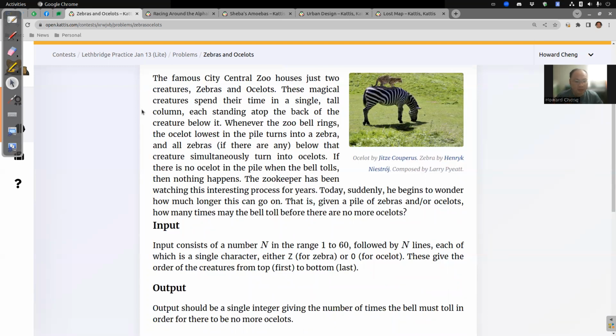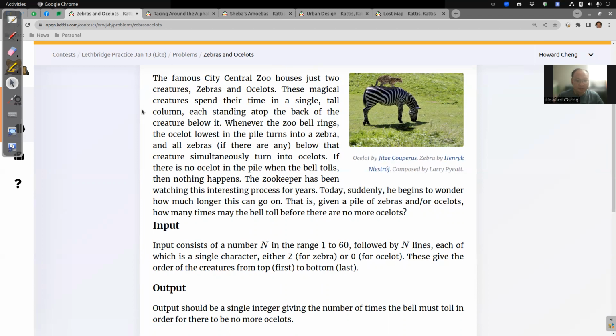These magical creatures spend their time in a single tall column, each standing atop the back of the creature below it. Whenever the bell rings, the lowest ocelot in the pile turns into a zebra, and all zebras below it simultaneously turn into ocelots. If there's no ocelot in the pile when the bell tolls, then nothing happens.